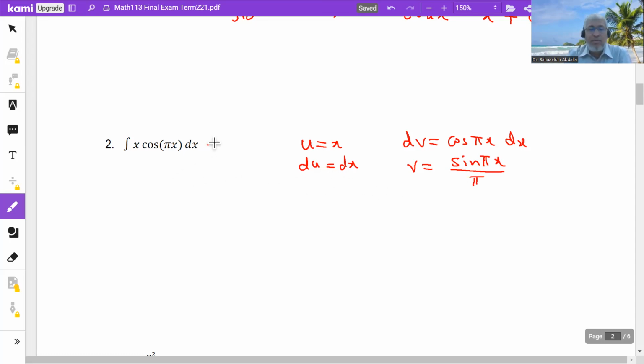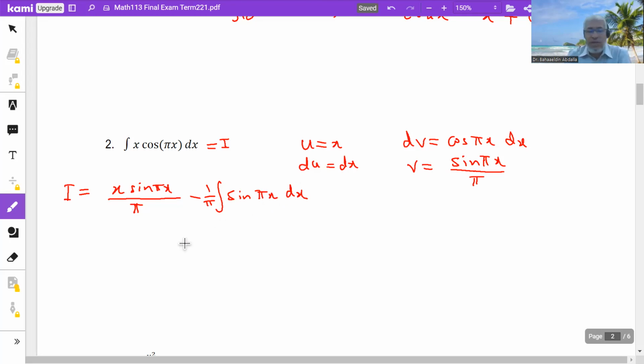And now, if I call this integral I, it would be equal to u times v, so x sine pi x over pi, minus the integral of v du. So I'll have 1 over pi, I can take it outside, and the integral of sine pi x dx.